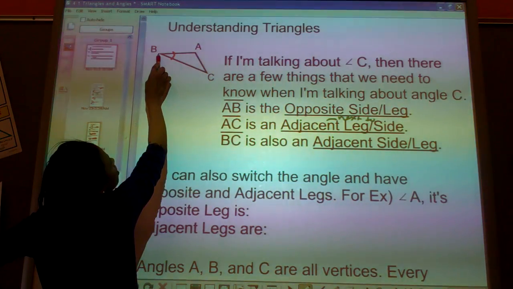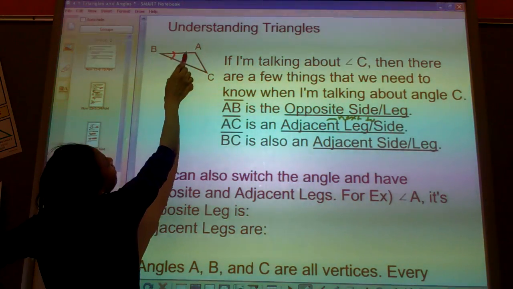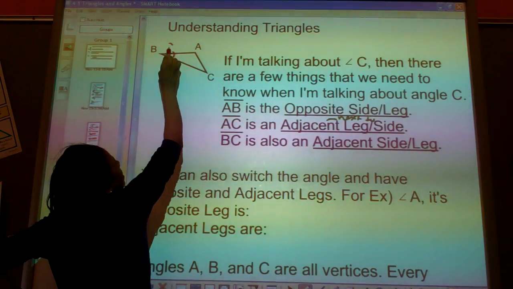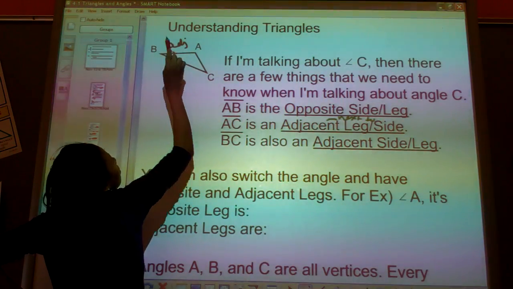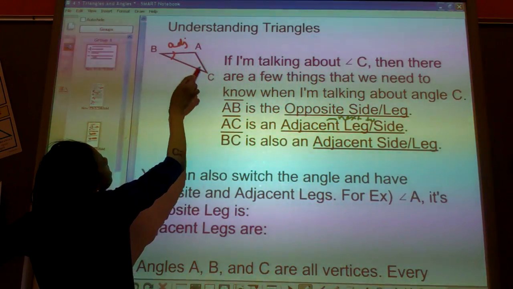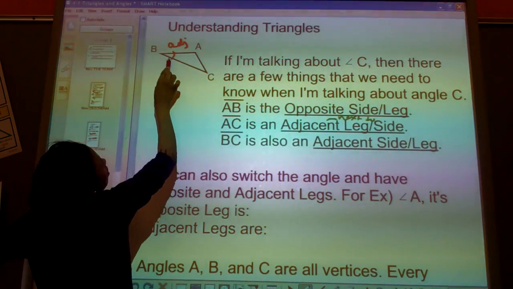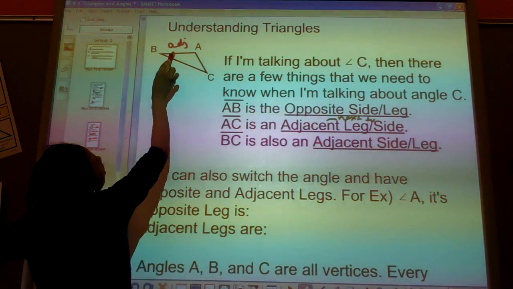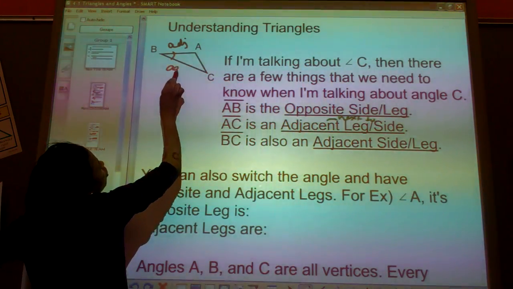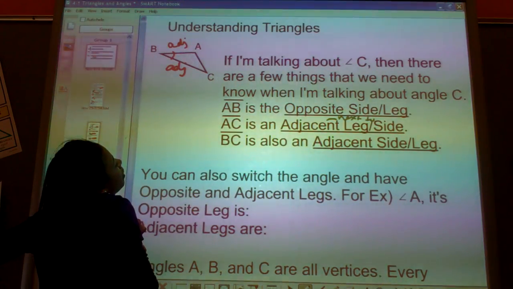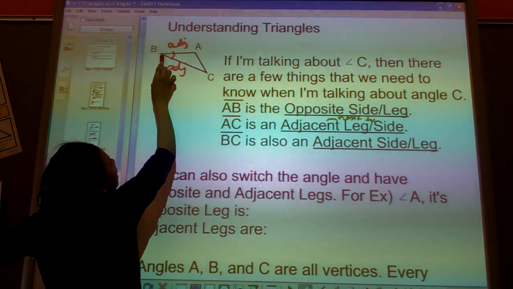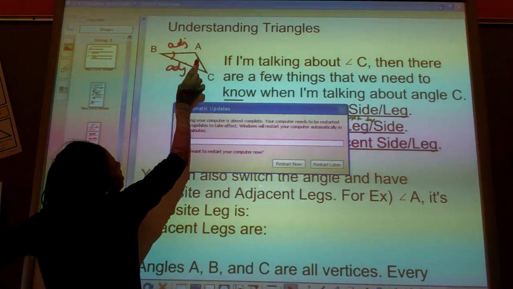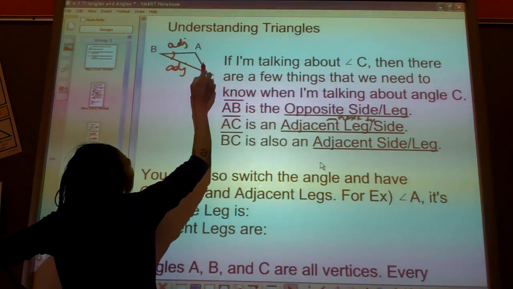Opposite means across. Well, BA or AB is next to it, so that means AB is adjacent. BC is touching this angle here. BC touches right there. That means that BC is also adjacent to angle B. The leg that's across or opposite is going to be AC.